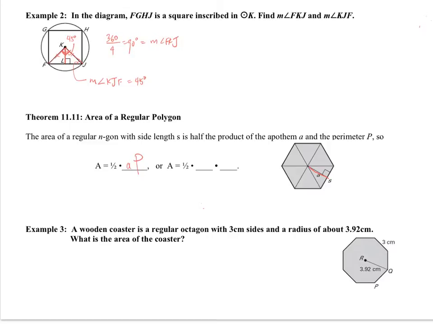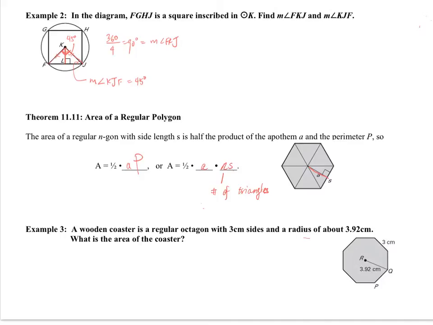Or we can write this as A equals half times a times n times s, where n is the number of triangles and s would be the number of sides.